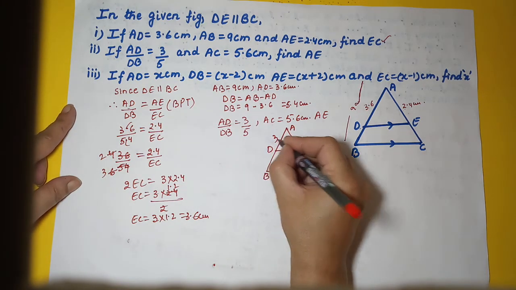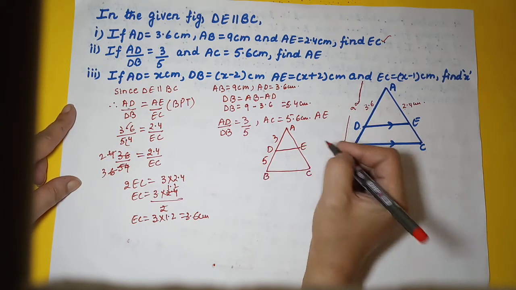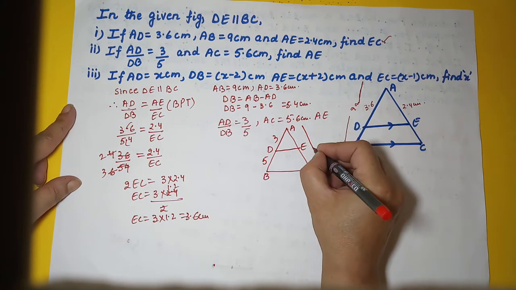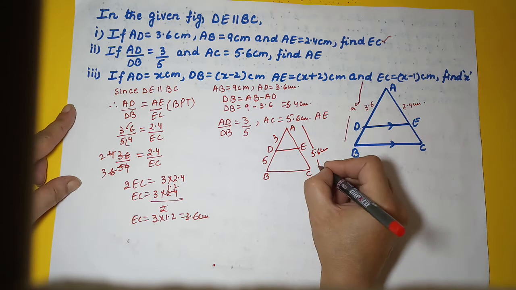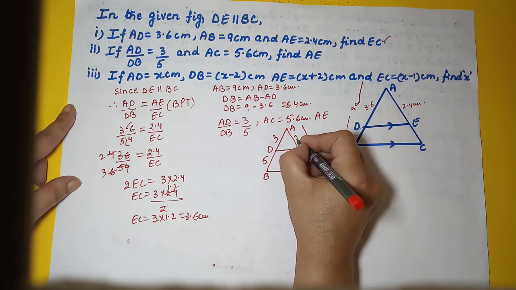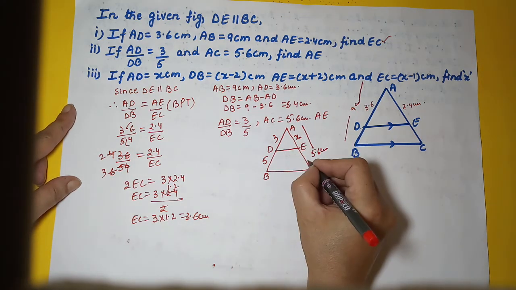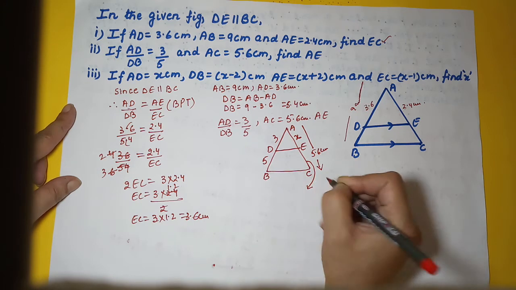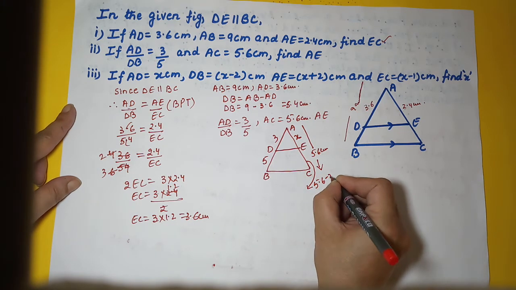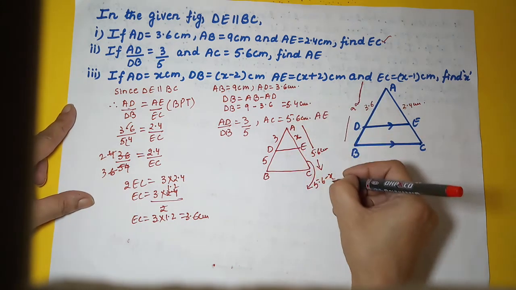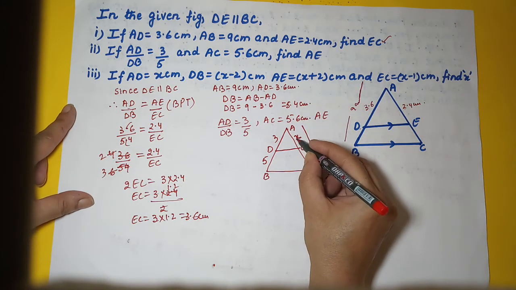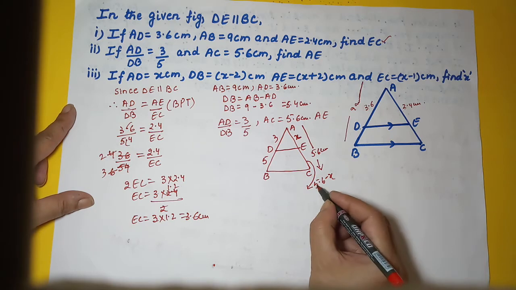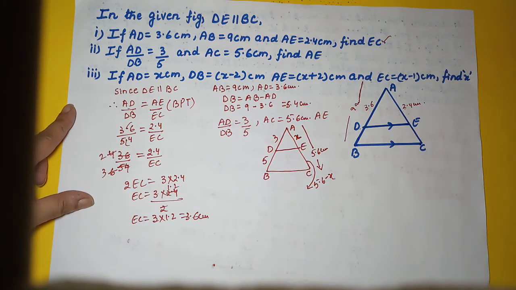AD is 3, DB is 5. Entire AC is given 5.6 centimeters. So let AE be X. Then EC will be 5.6 minus X, because entire AC is 5.6.